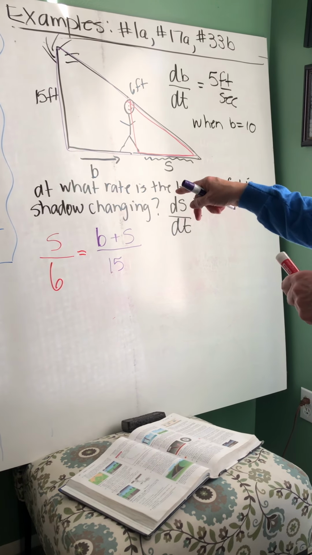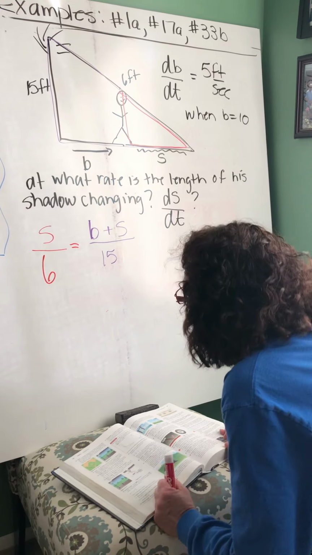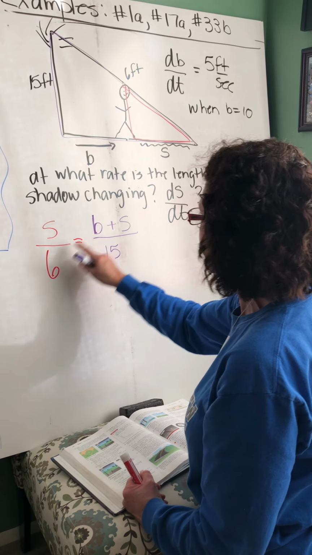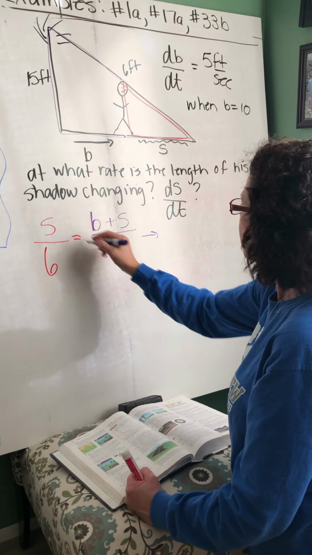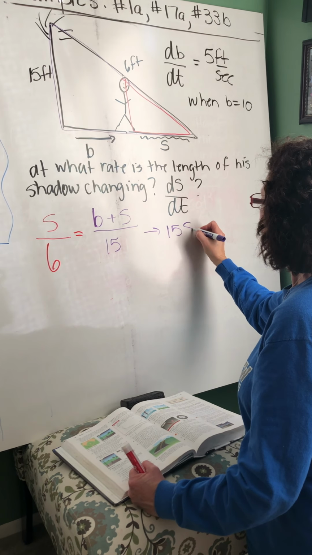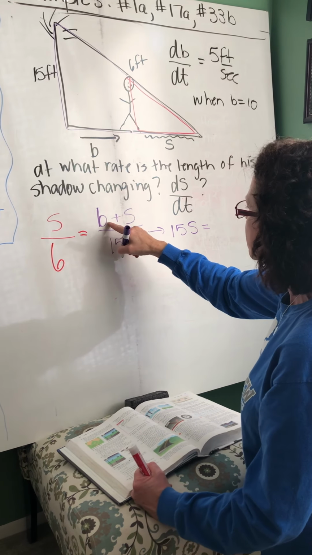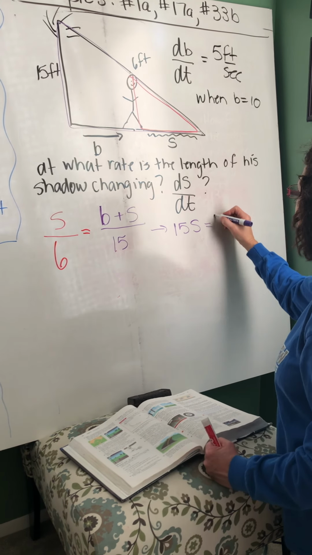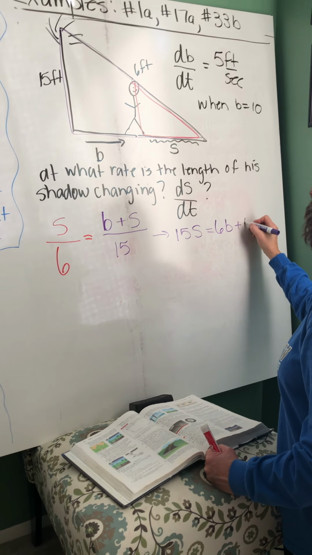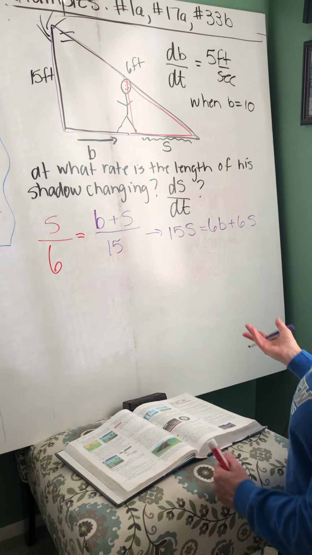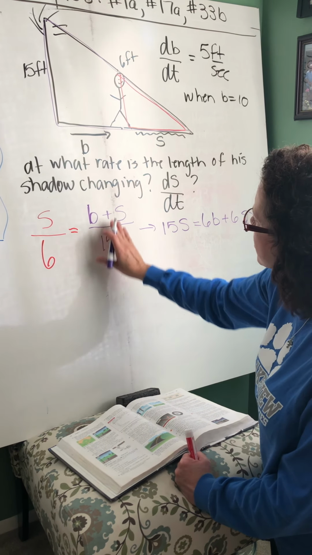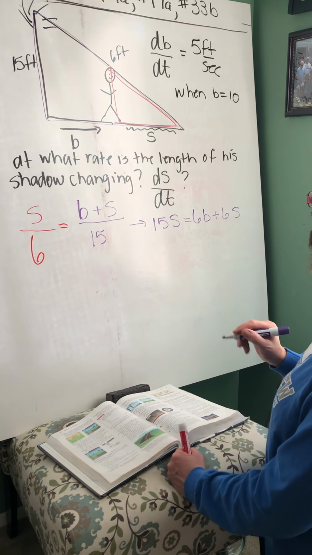Now, I think I can do a little bit better than this though. Let's try cross multiplying. So that's 15s equals 6 times b plus 6 times s. Again, I haven't taken the derivative yet. I'm just trying to make this a little nicer to take the derivative of. Take a look.